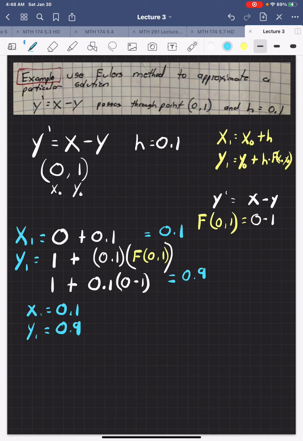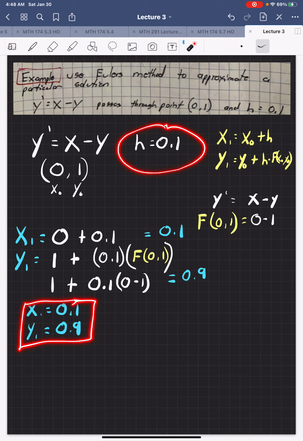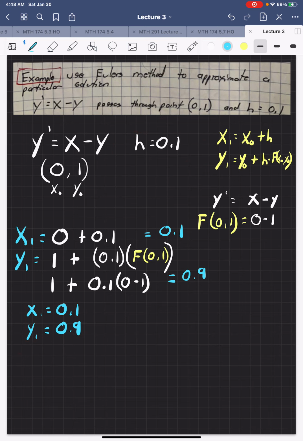Now, I'm not going to do so, but on a test, I could ask you to use your Euler's method to approximate a particular solution. I could simply ask you to find me a second point. Now you would be starting at x1, y1. You would be using the same h value. See if you can find x sub 2, y sub 2.